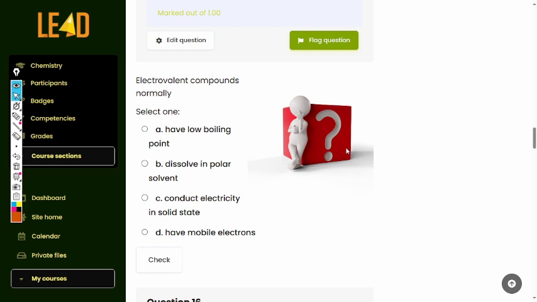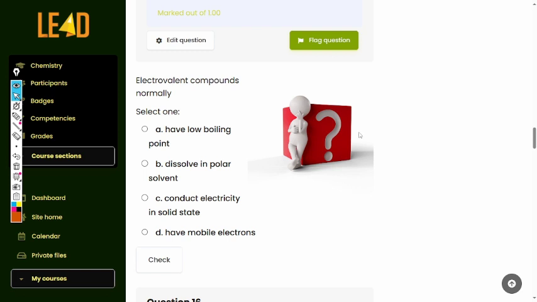Okay, so the reason why electrovalent compounds are able to dissolve in polar solvents is because the electrovalent compounds have charged ions, and polar solvents have partially charged ends in them, such that if you dissolve an electrovalent compound, the opposite charges attract each other. So that's why they are able to dissolve in polar solvent, but they don't dissolve in non-polar solvent because non-polar solvent do not have any charge whatsoever. Okay, so B is correct.